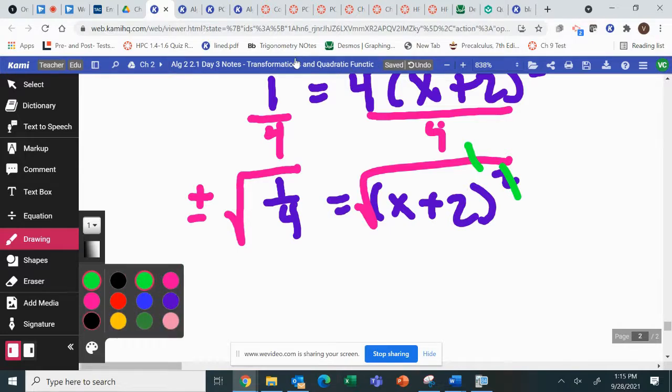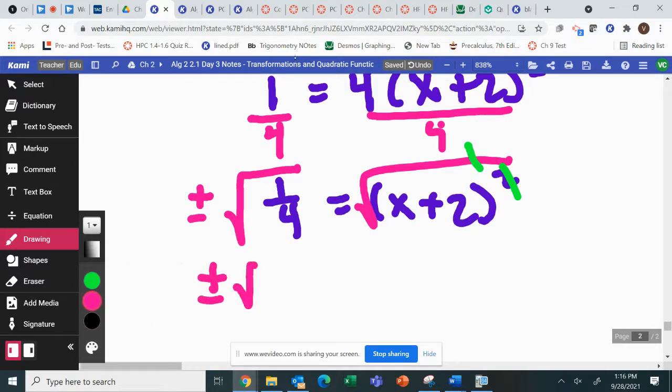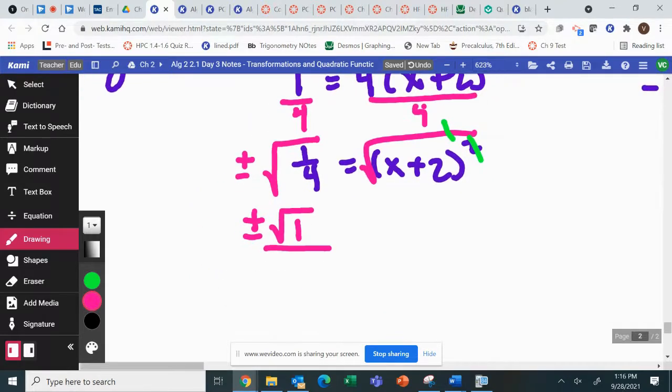Now, this is another thing my students did not seem very confident that they remembered: if you are square rooting a fraction, you do not have to square root the fraction as a whole. You can just think about square rooting the top and square rooting the bottom separately. So I'm going to square root 1 and square root 4. Now you guys are going to square root 1 and square root 4.